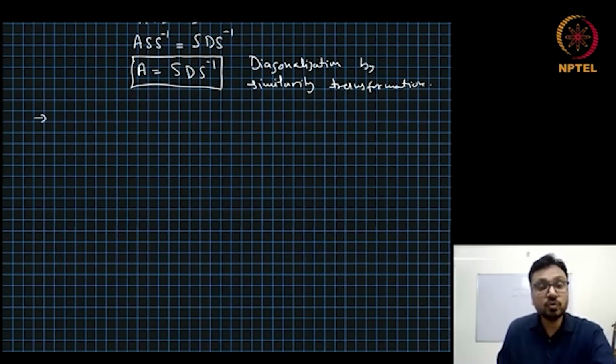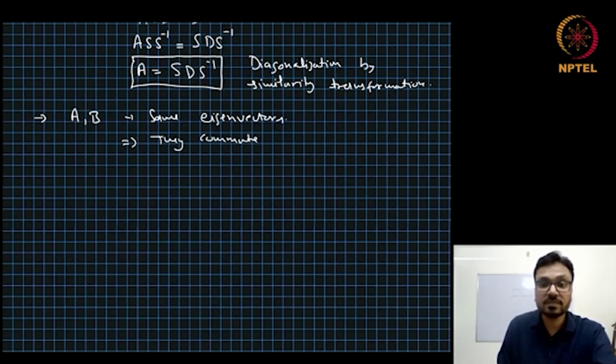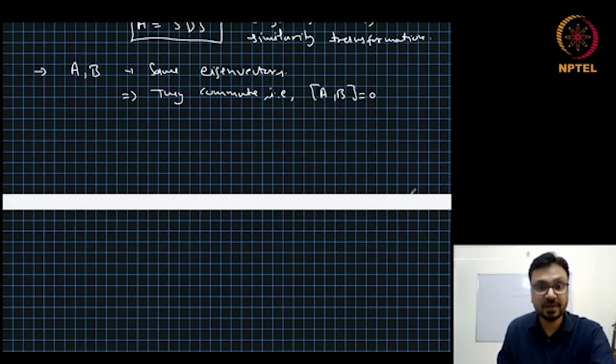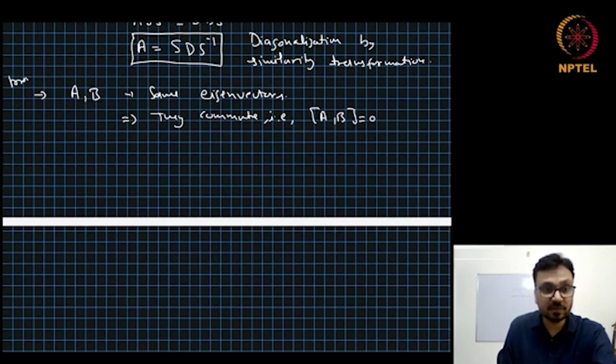So there are two assignment problems we can think of right now. If you have two Hermitian operators, self-adjoint operators A and B, such that they have the same eigenvectors, then they commute. That is, the commutator of A and B equals 0. Okay, prove this thing. This is an assignment problem.